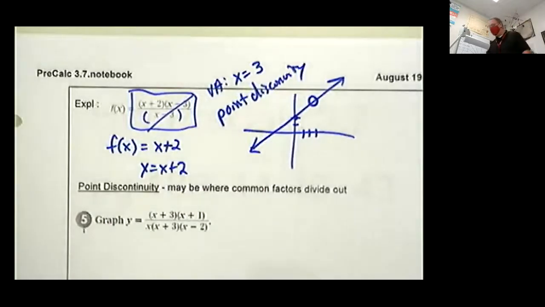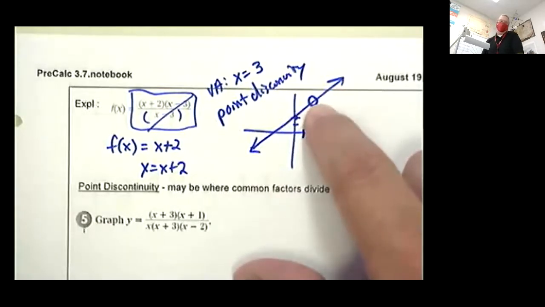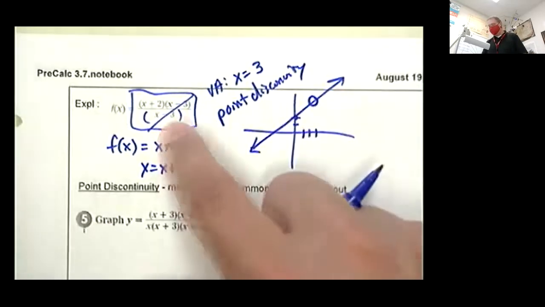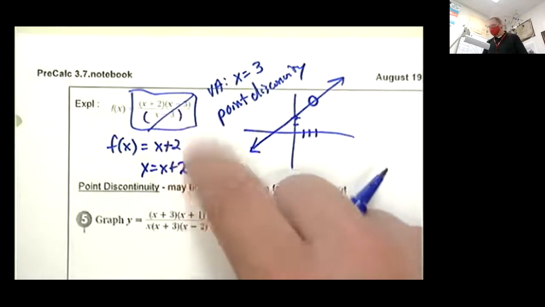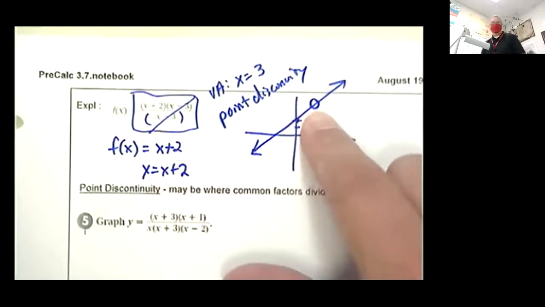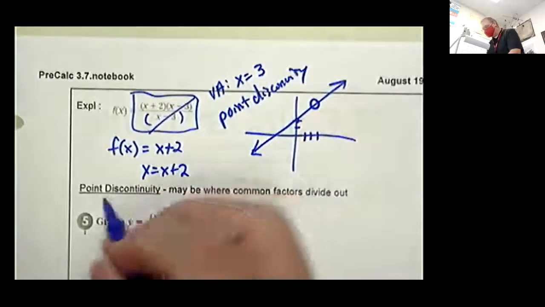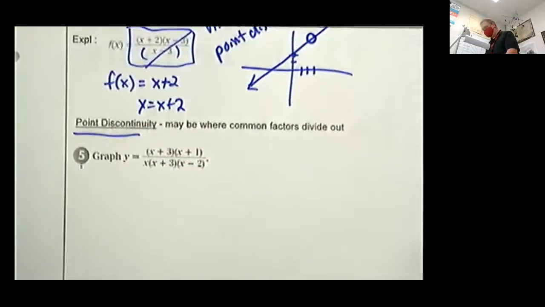So this function is continuous everywhere except at x equals 3. There's just a gap in the line, just a hole, because that canceled. Anytime we plug in 3, 3 minus 3 is 0, and you can't divide by 0, resulting in just a tiny gap in the line. And that's our point discontinuity. It occurs where common factors divide out.